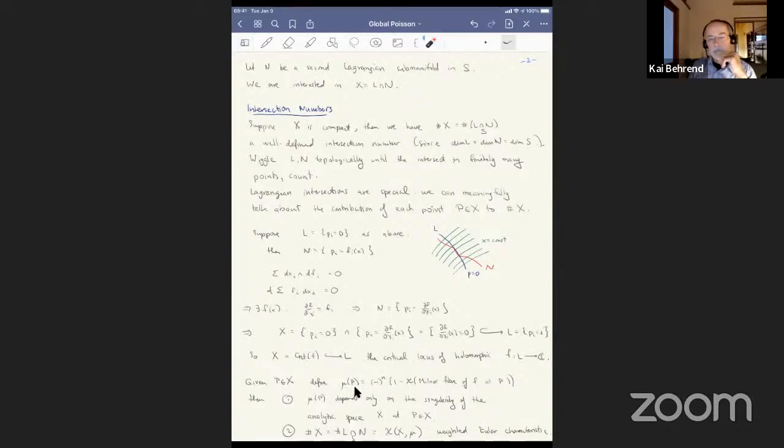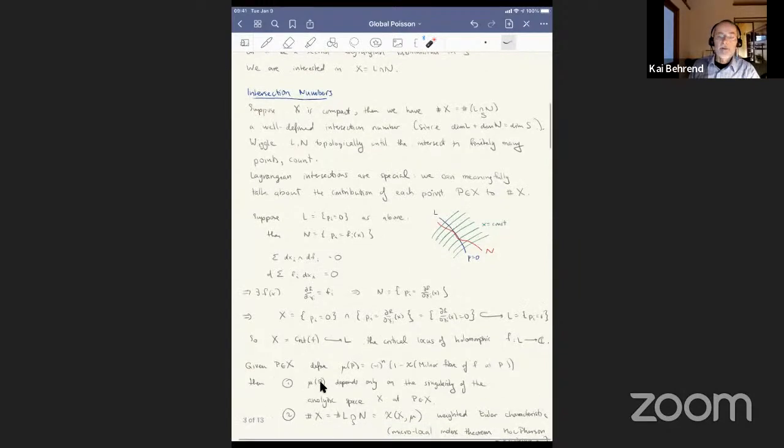I'm not going to explain all the terms here, but there's something called the Milnor fiber of f at the point P, and you compute its Euler characteristic, and then you take 1 minus the Euler characteristic and change the sign, and that is this number mu of P. So this is like a generalized Milnor number of the function f at a critical point.